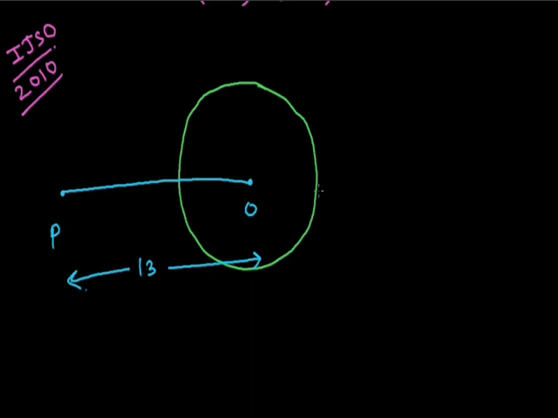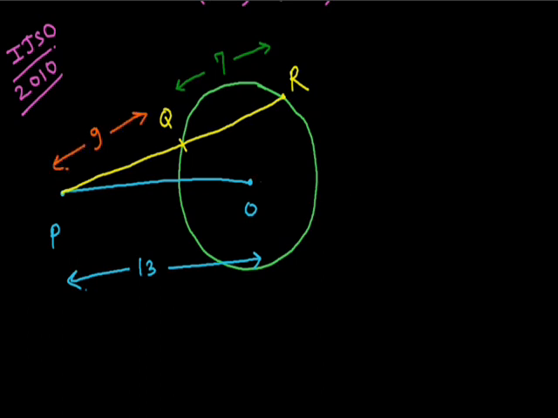After this, a secant from P cuts the circle in Q and R. Now we need to draw a secant from P. Let's say this is the secant. This secant cuts the circle at 2 points Q and R, like this. In the question it is given that the length of QR is 7 and also the length of PQ is 9.